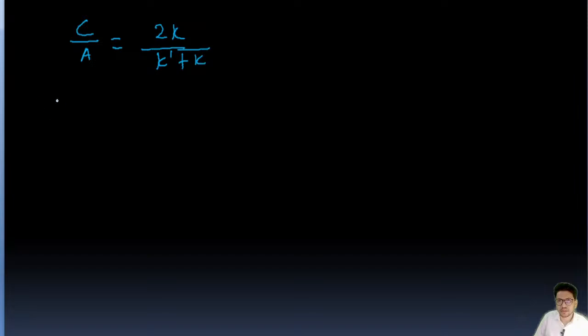Now we will find T. T is going to be K dash upon K and mod C upon A whole square.